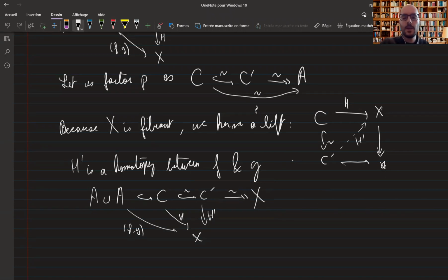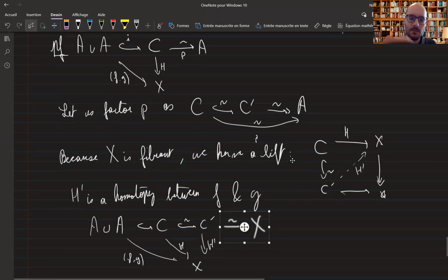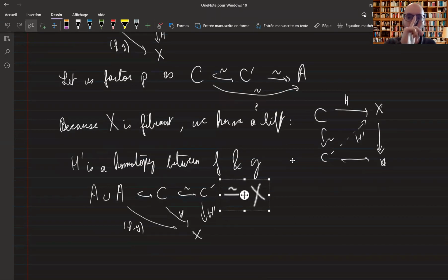So if you remember at the beginning, someone asked, do we always assume that this thing here is a fibration? I said no, but we can always replace any homotopy by a homotopy in which the second part is an acyclic fibration. But only if the target is fibrant, right?